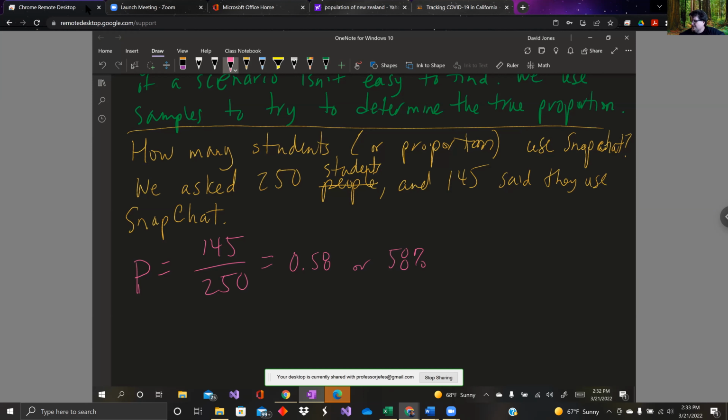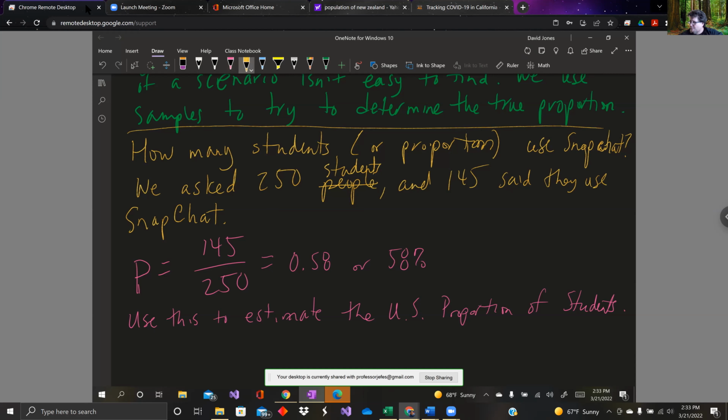I'm going to use this to estimate the US proportion of students that do it. Since we're using it as an estimate, we're trying to infer something about the US population.